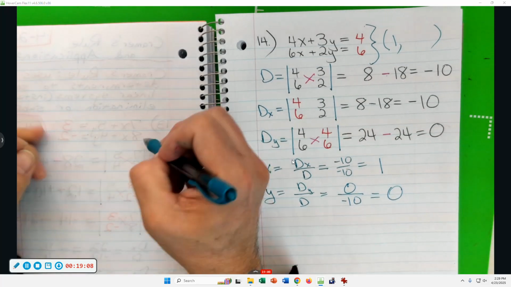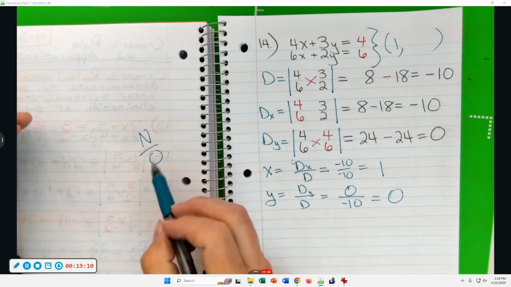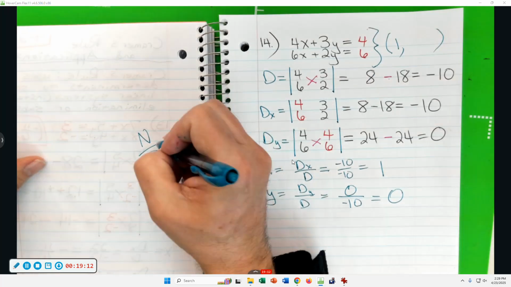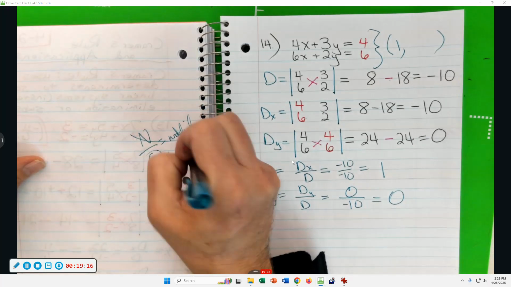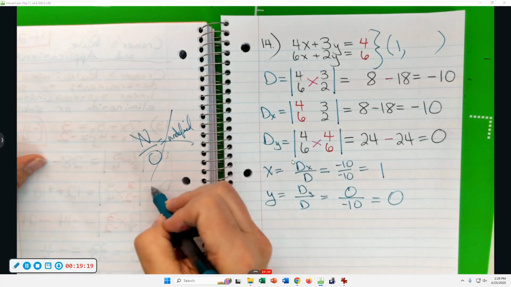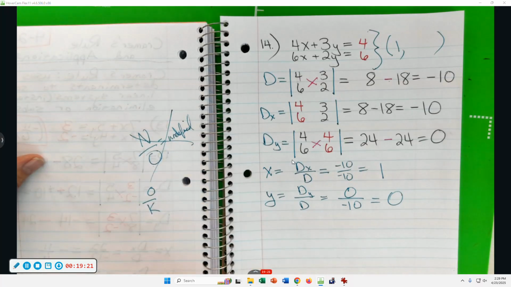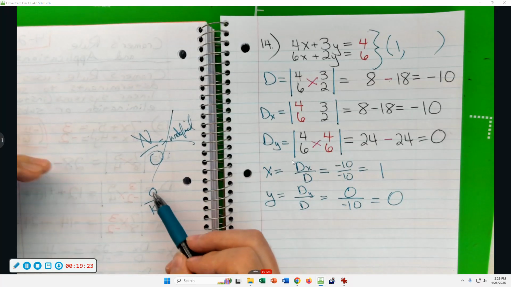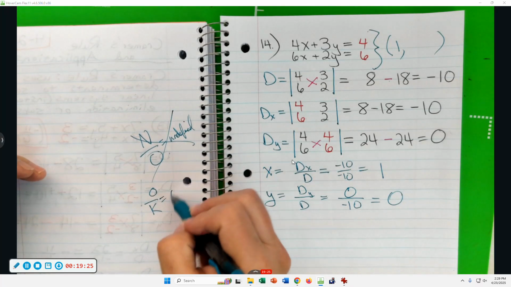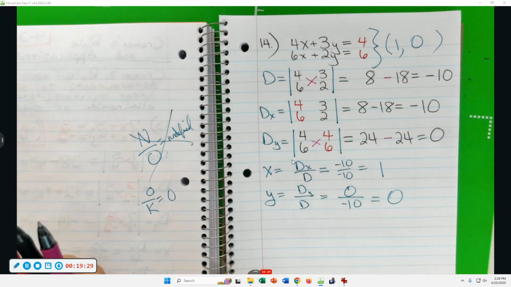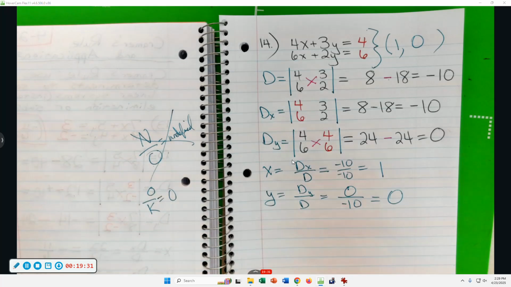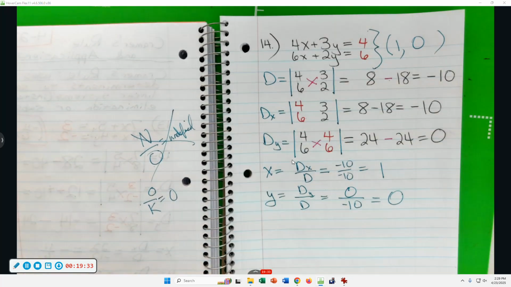Remember, you can't have a 0 in the denominator. That's undefined. But 0 divided by a non-zero constant, it's okay to have a 0 on top. That's equal to 0. So these lines intersect at the very nice ordered pair, 1, 0.